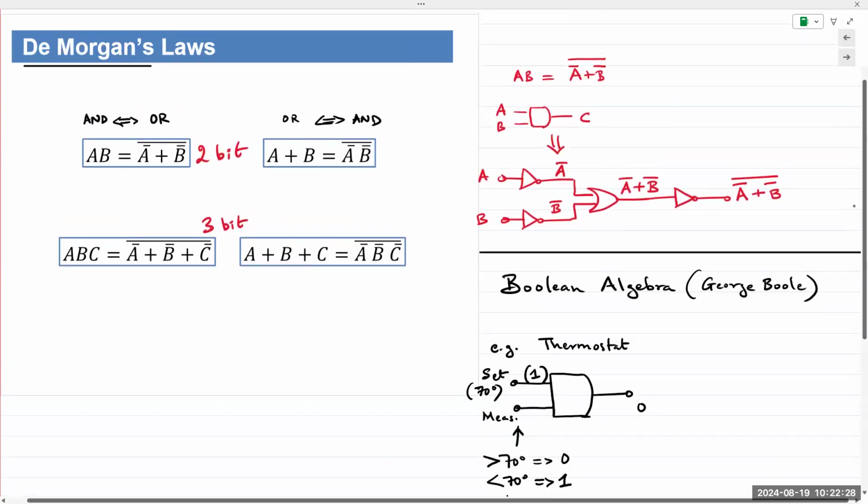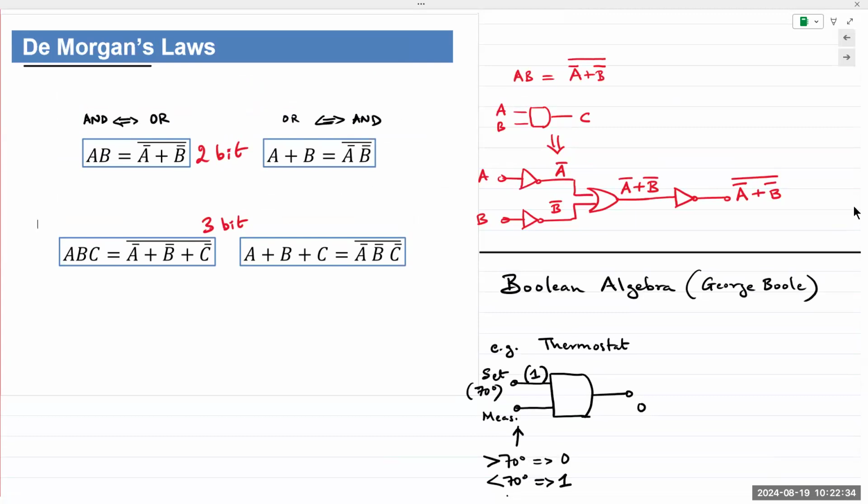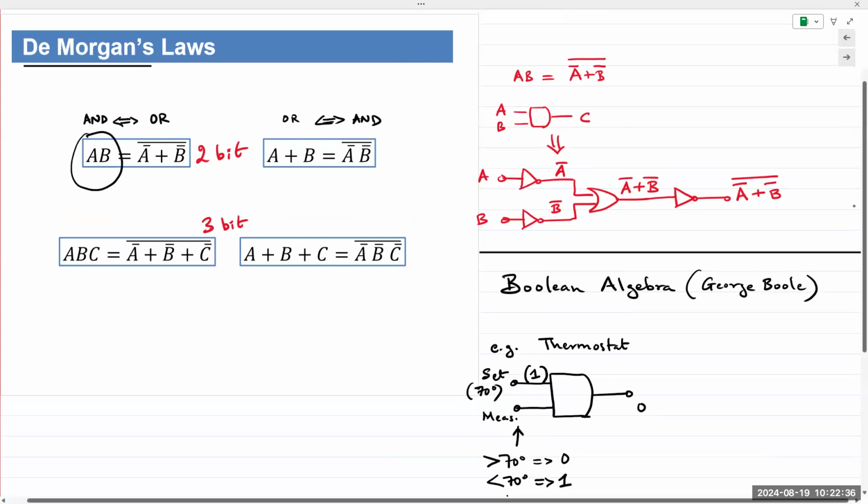And that is the whole point of using these laws and Boolean algebra. So if we only had an AND gate, we would implement functions with this. If we had an OR gate or a NOT gate, we would implement functions with this. Does that answer your question? Yes. Thank you. All right.